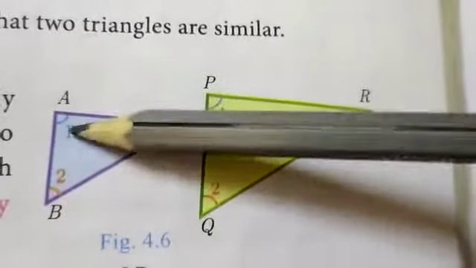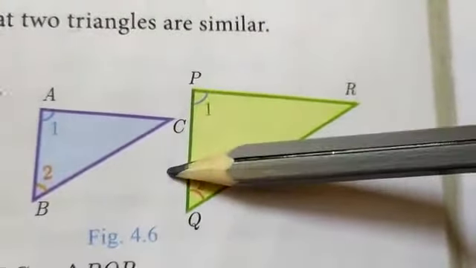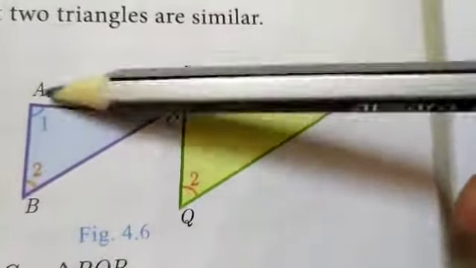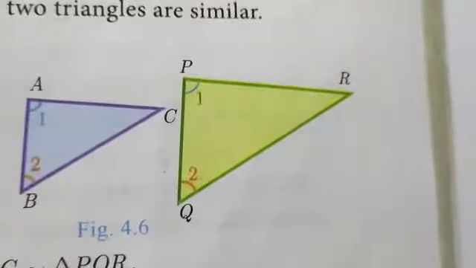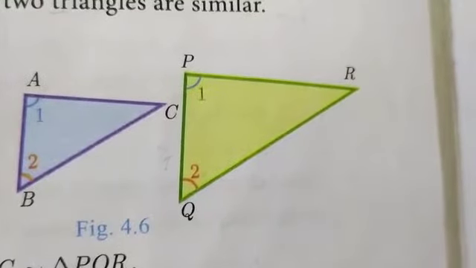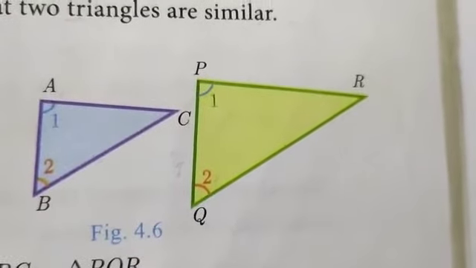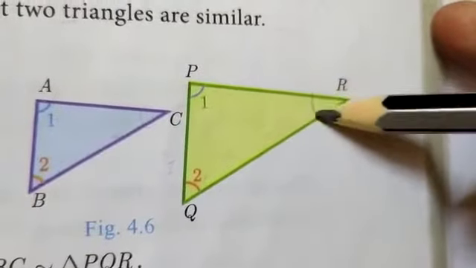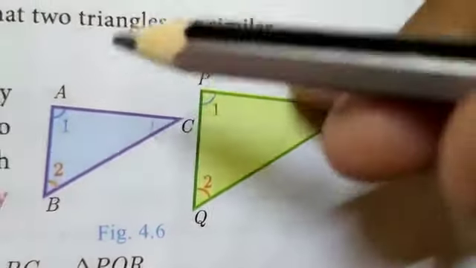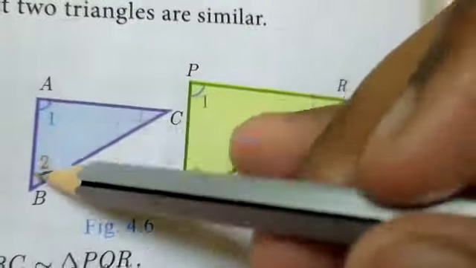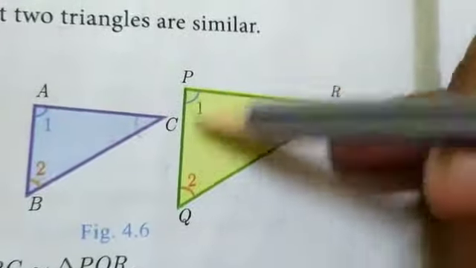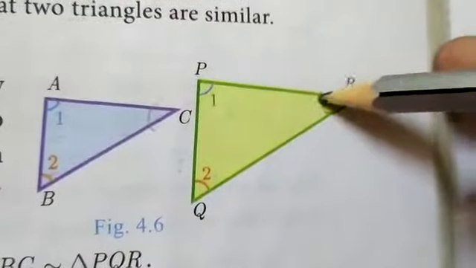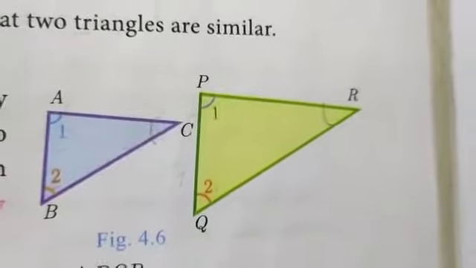If two angles of one triangle are respectively equal to two angles of another triangle, then the two triangles are similar, because the third angle in both triangles will be equal. You should keep it in mind that if two angles of one triangle and two angles of another triangle are equal, then the third angles will be correspondingly equal to each other.